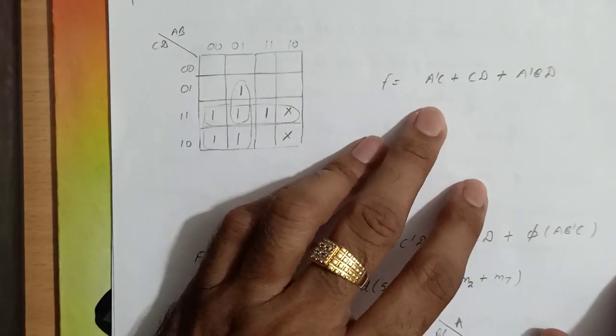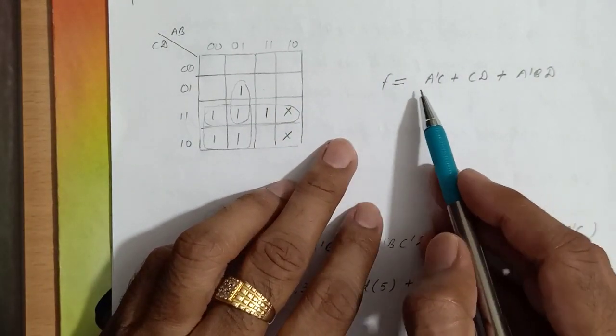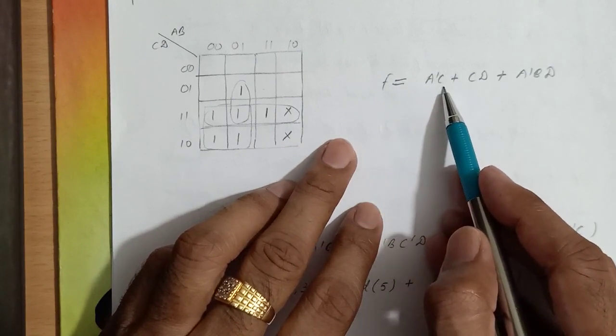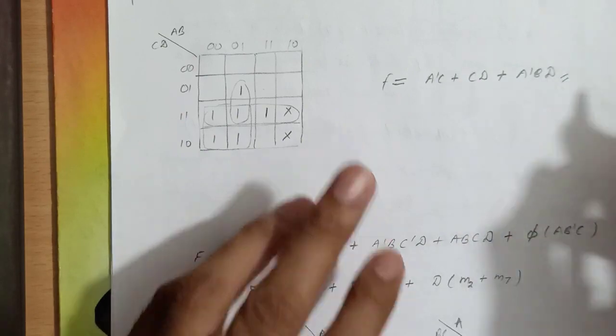Okay, so in this way we can simplify this function: A'C + CD + A'BD.